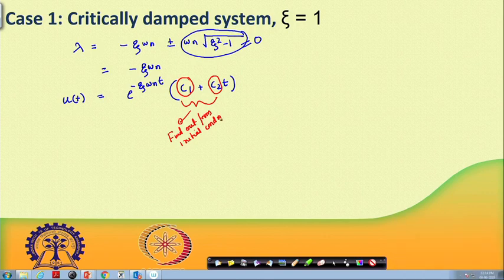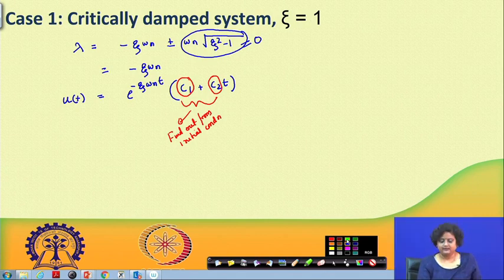So, now let us see how this response is going to look. Since there is no oscillatory motion, since there is no i omega e to the power minus i omega n t part, this response is not going to be oscillatory at all.